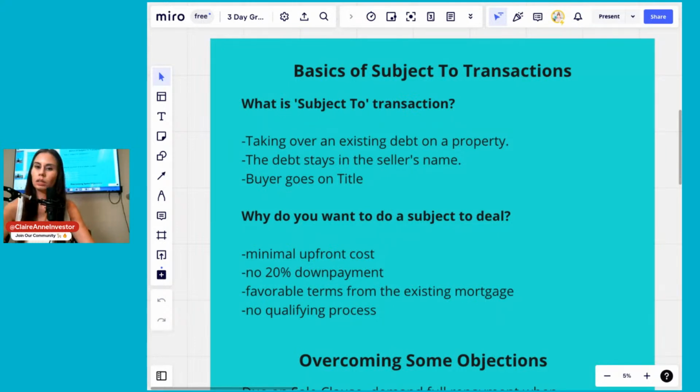Okay, so why do we do subject to deals? Because it's a minimal upfront cost. It's not a 20% down payment typically. They're favorable terms for the existing mortgage. So for instance, right now, I'm sure everybody knows there's a high interest rate. I just paid 7.5.